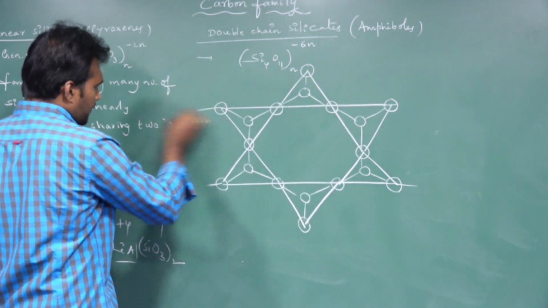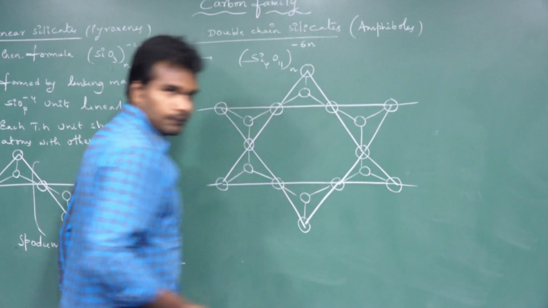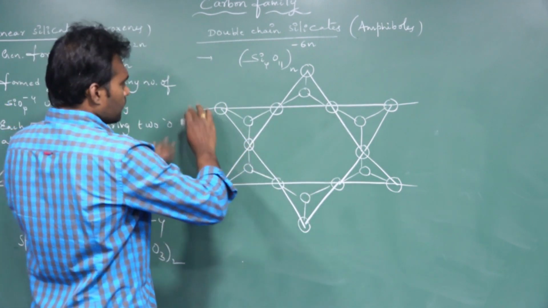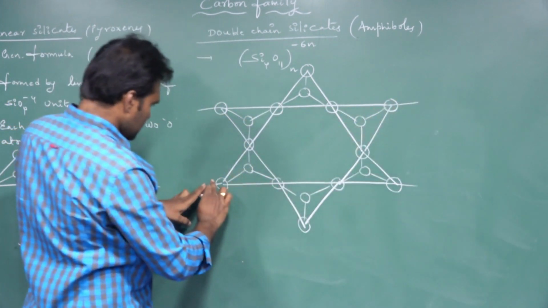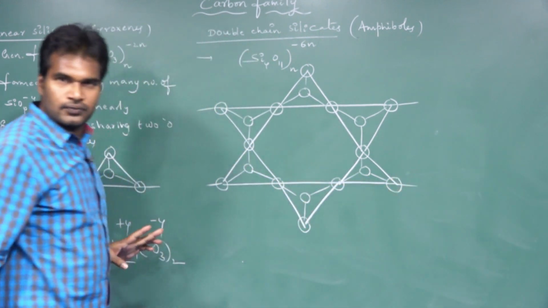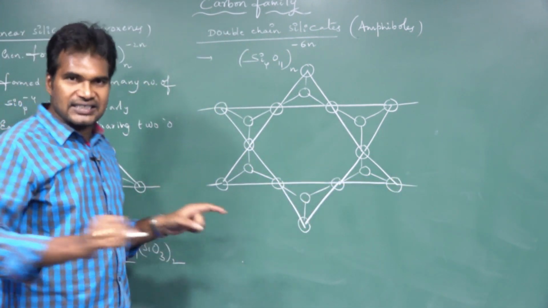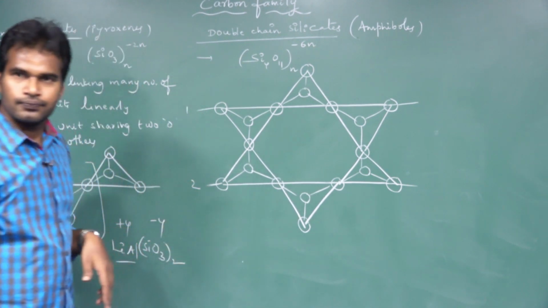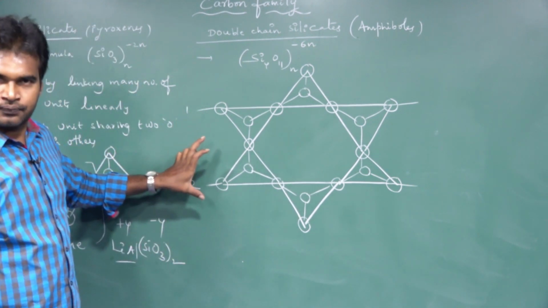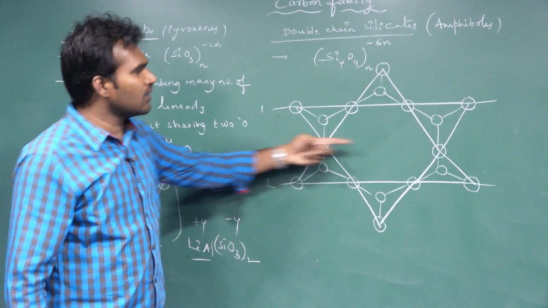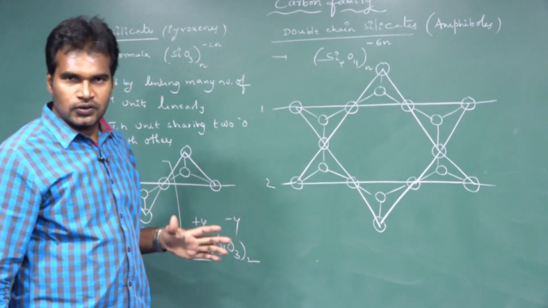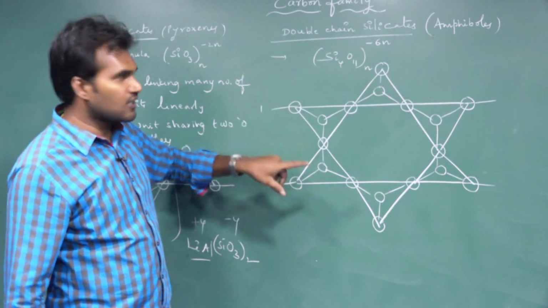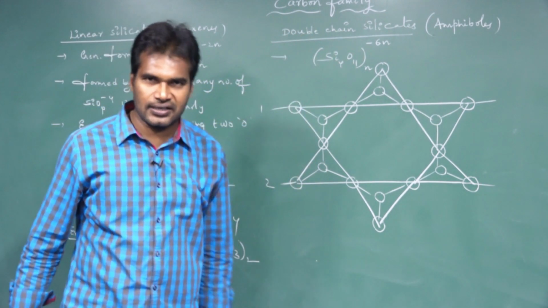So likewise it will continue, it is not stopping. So this layer is one chain silicate, this is another chain silicate. So total how many chain silicates are there? 1 and 2. Total two chains are again sharing some oxygen atoms. So total 2 chains are present, that is why we call this double chain silicates.